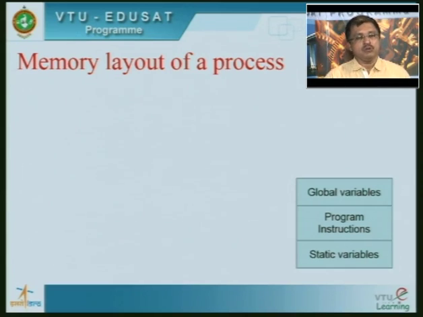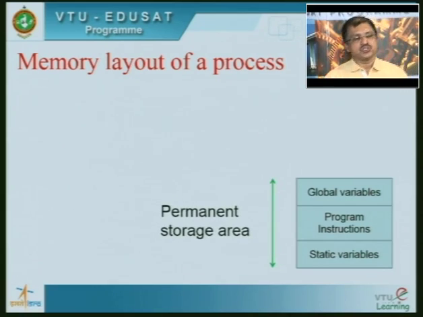Next come the global variables. You know the concept of global variables. Those are the variables defined outside the functions, and they have a scope. Typically all functions will be able to access these variables, so the addresses of these global variables are fixed. The next thing that the compiler does is allocate space for global variables. We generally call this the permanent storage area.